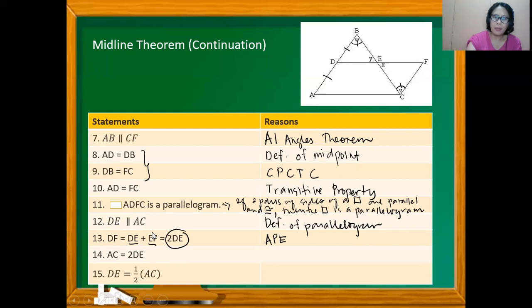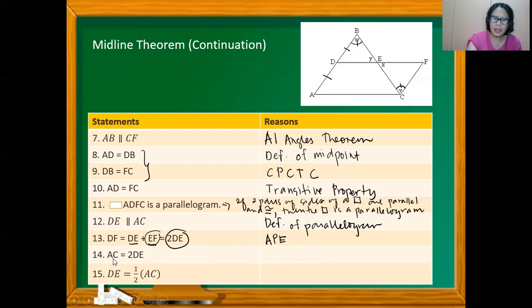Now, we can replace EF here by DE because DE equals EF. And by combining DE and DE, we'll get 2DE. So DE plus another DE equals 2DE. So that's why this is about addition property of equality.